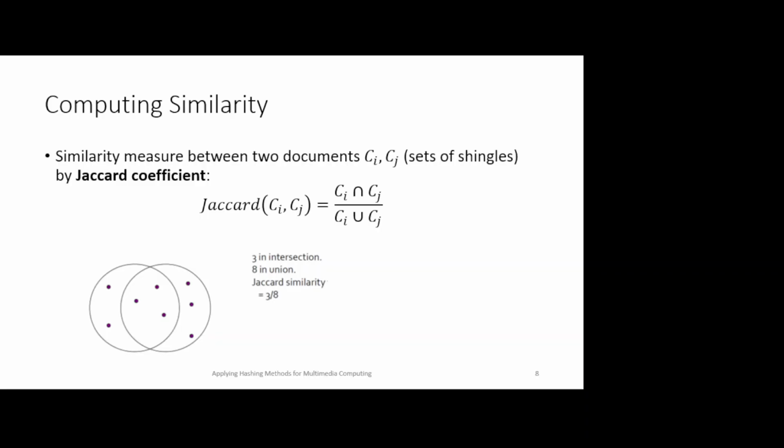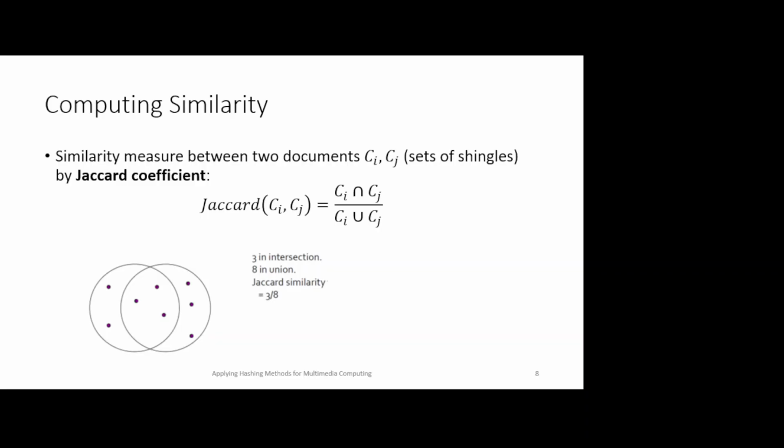Here is an example. We have two documents. For the left document, the left circle, we have 1, 2, 3, 4, 5 points. Each point represents a unique shingle.